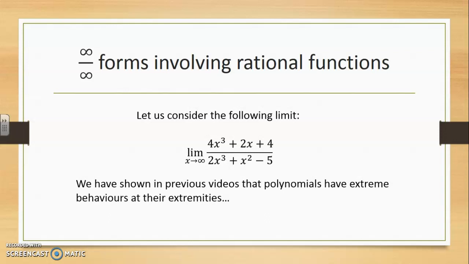We've shown in the previous video that polynomials always have extreme behaviors at the extremities. So in this case, we are encountering an infinity over infinity form because 4x cubed and 2x cubed, the two main terms of the numerator and denominator, are becoming infinite as x goes to infinity.